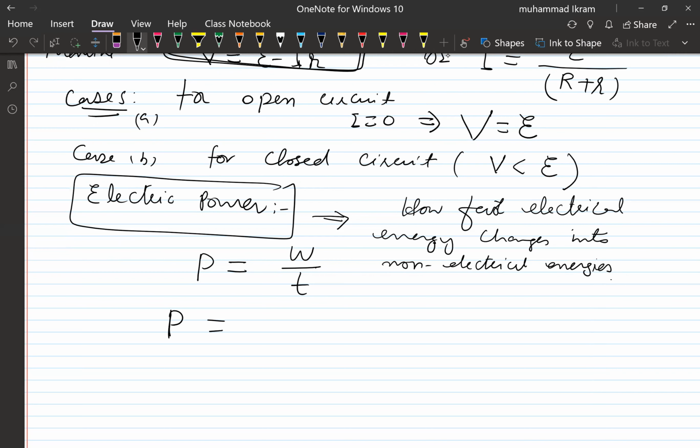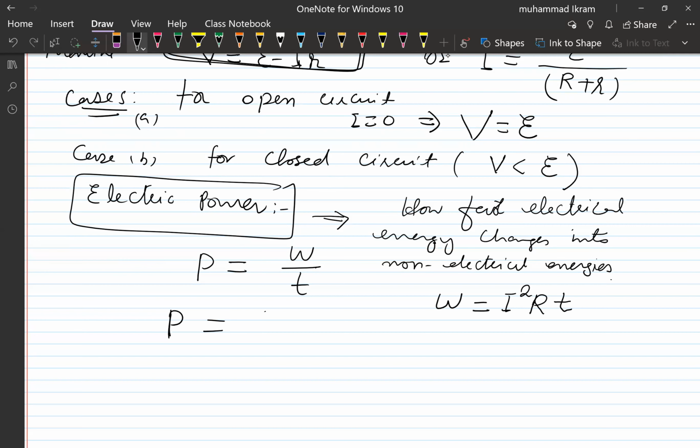So the electrical power is equal to the rate of doing work, and we know that W, from the Joule law, as he stated, the amount of electrical energy dissipated in the circuit is equal to the product of the square of the current flowing in the circuit, the load resistance, and the time for which the current flows.